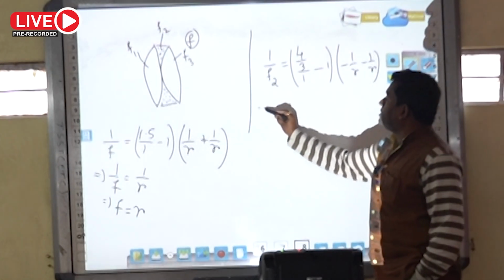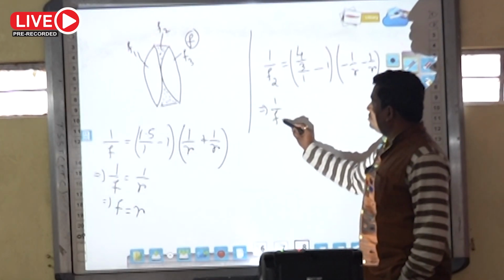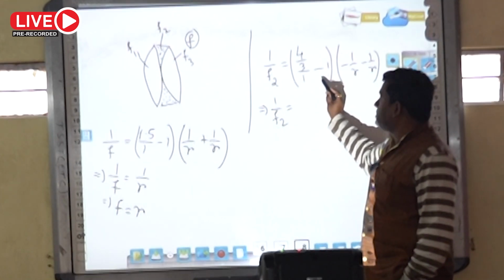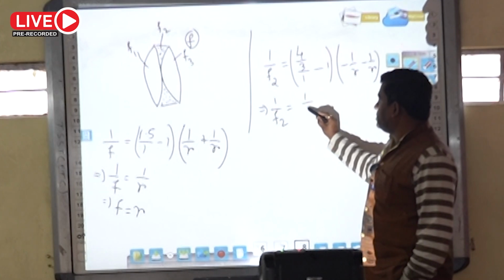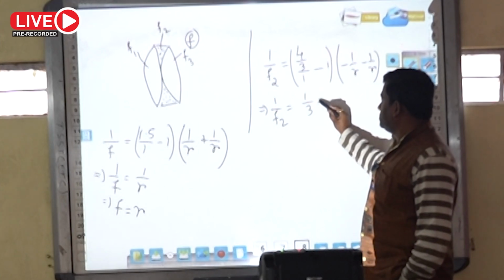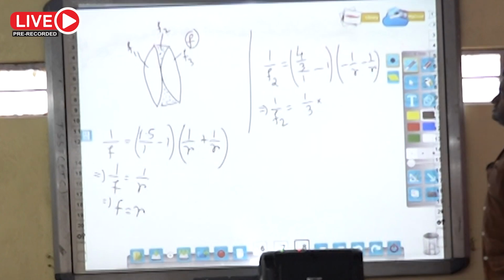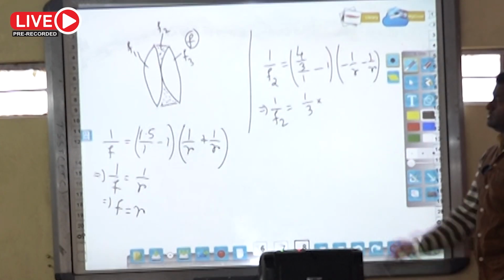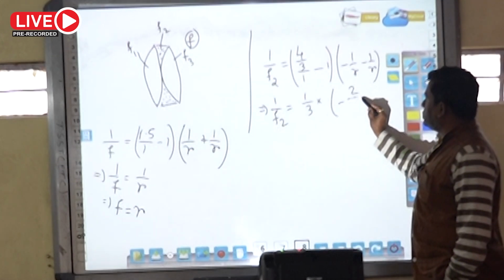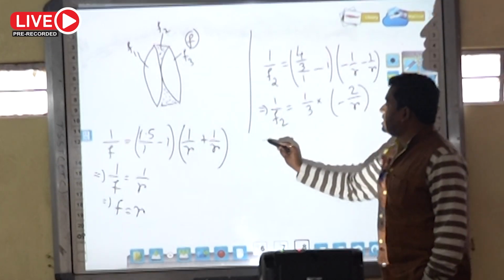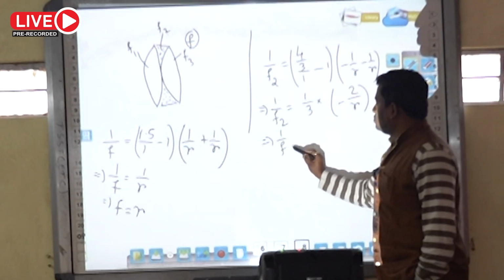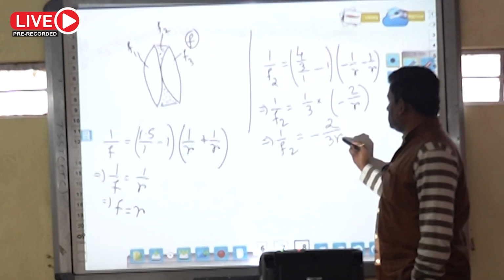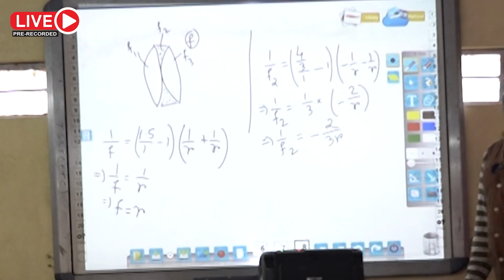Then we can write 1/f2 = (4/3 - 1) into ... 4/3 - 1 is 1/3, and this one will be minus 2/r. So 1/f2 = -2/3r.